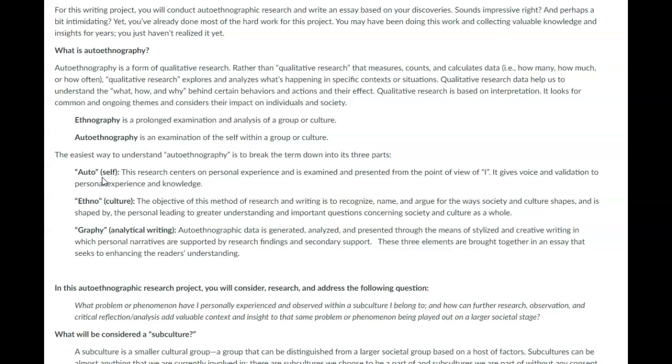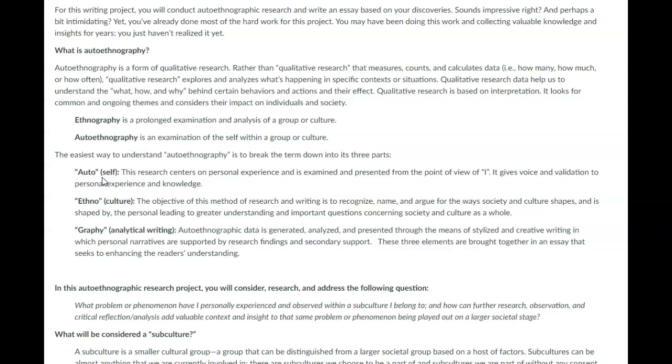It draws on a lot of memory, it draws on a lot of emotion, and then we're going to write that up for somebody else. But the difference with autoethnographic writing is because it's our own experience, it makes room for emotion, for creativity. It's not simply a dry type of research writing. And so this is what we are going to do.